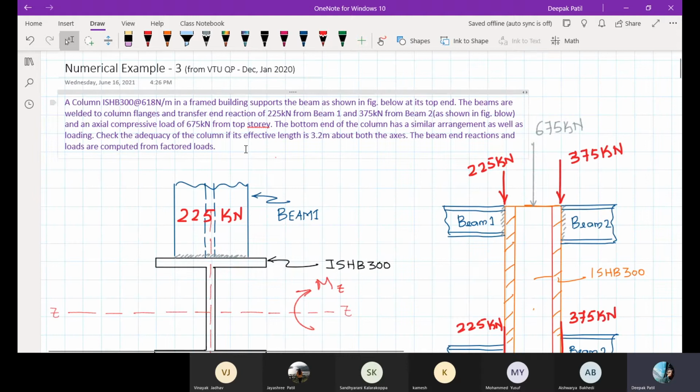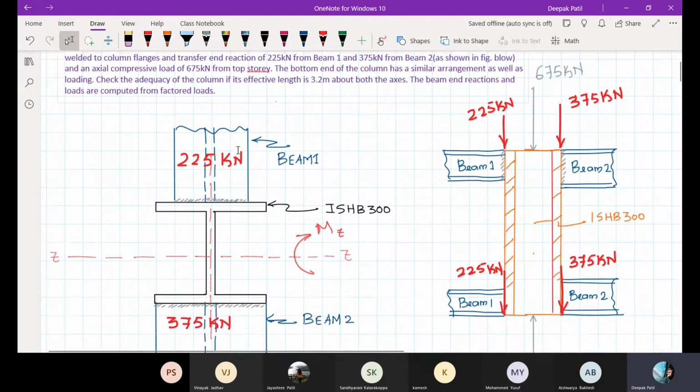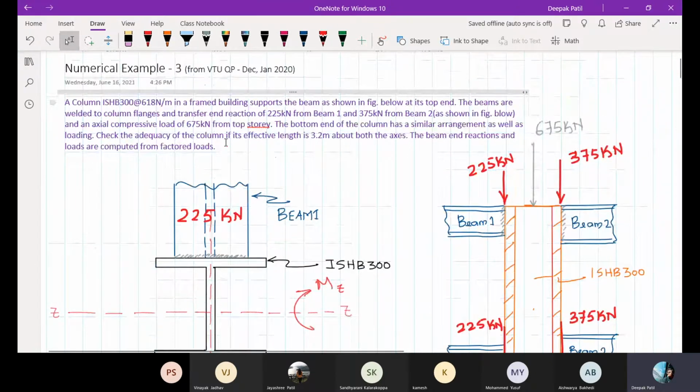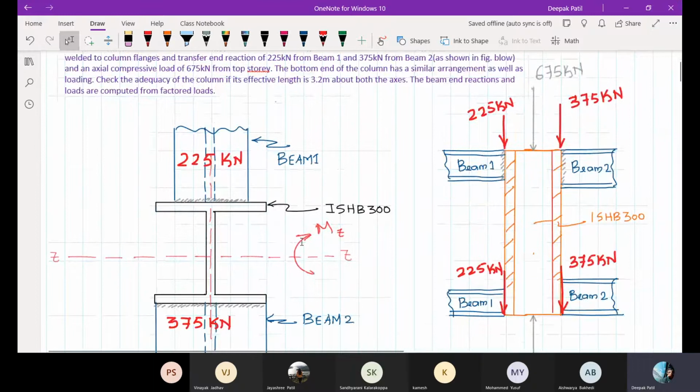So in the last class, we had a discussion on this numerical example, which was asked in the previous year question paper. It's a very simple numerical example, but to understand the loadings, it's a trickier one. I have conveyed to you how to find out this MZ. The column is subjected to uniaxial bending.